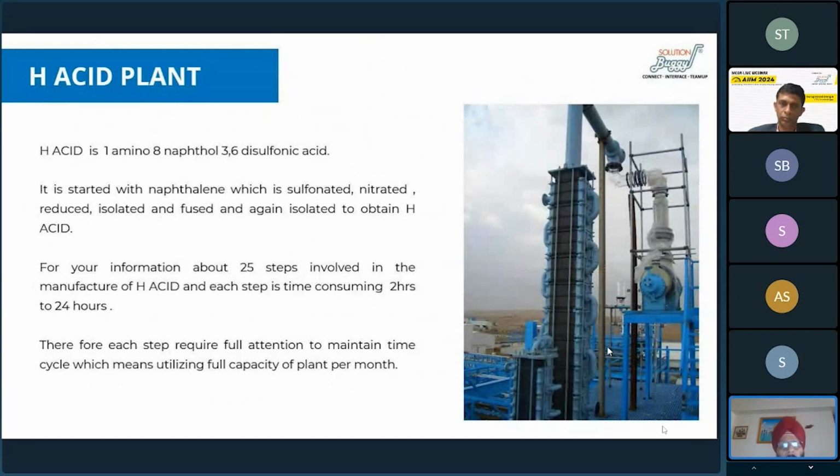After the completion of a reaction, the mass has to be transported to another reactor, and from there to the third reactor. If it is not transported, more time is consumed, and at the same time the quality of the product is reduced. So in any industry, not only dyes intermediate, the time cycle is a factor one has to maintain, whatever chemicals one is making.